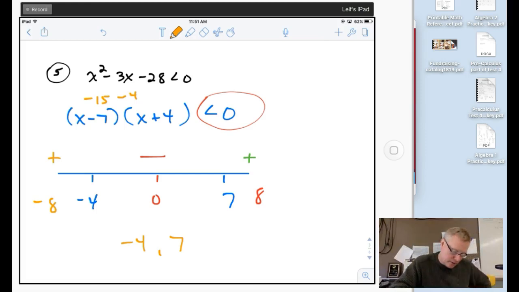And if I plug in the endpoints, I get 0, which should not be included here, so I should put parentheses around those. All right, so next one.